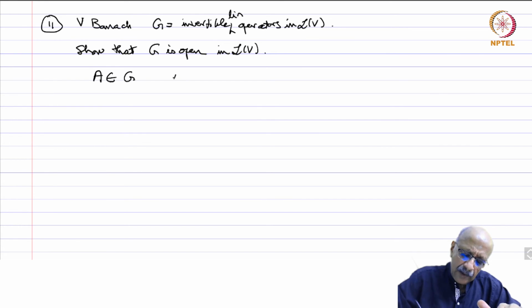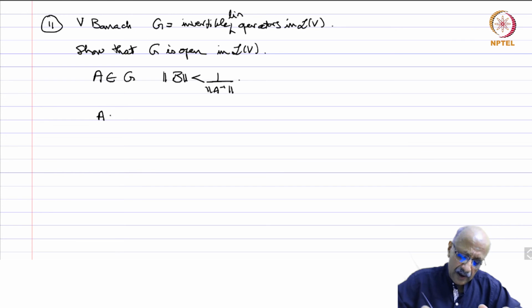And you take B such that norm B is strictly less than 1 by norm A inverse. Then let us look at A minus B. This can be written as A times (identity minus A inverse B).